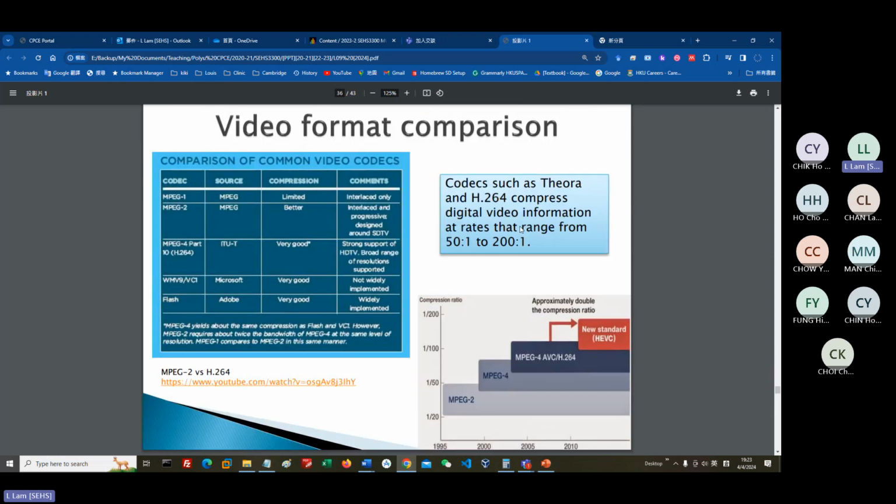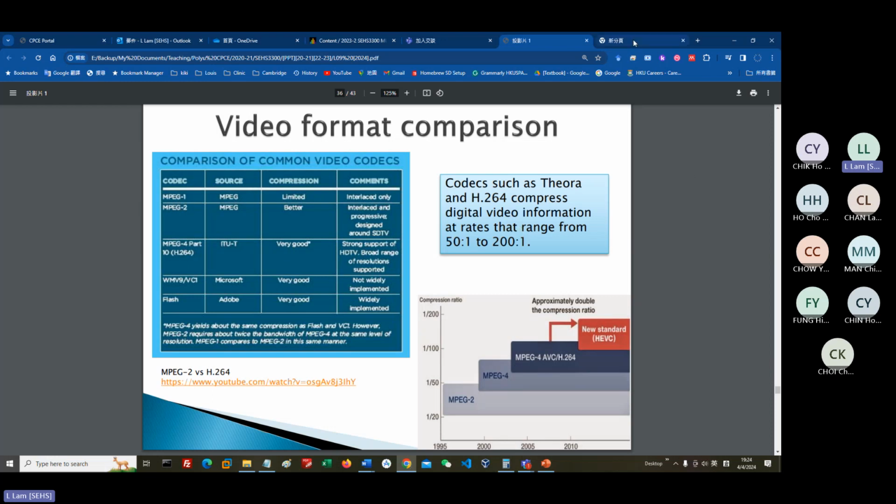If you look at the table there, which is a kind of comparison between different codec technologies, it really depends on the video player that you have, and the corresponding technology the player can support. To be honest, most players are able to support this kind of video format, no worry.